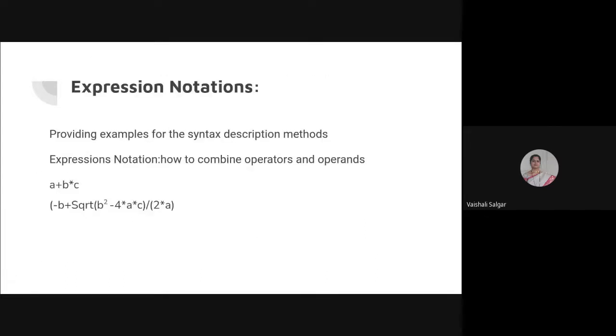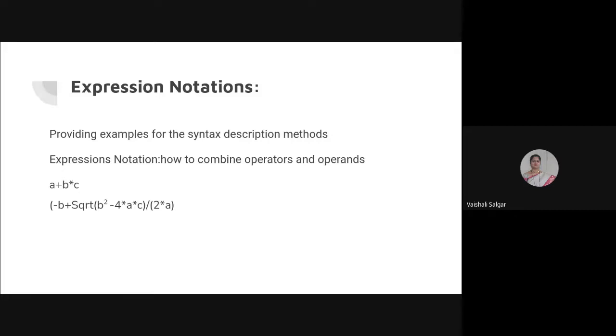Now, after going through those styles, we discussed expression notation. A programming language provides a syntax description, and by using that syntax description, it allows us to express a mathematical formulation as an expression.